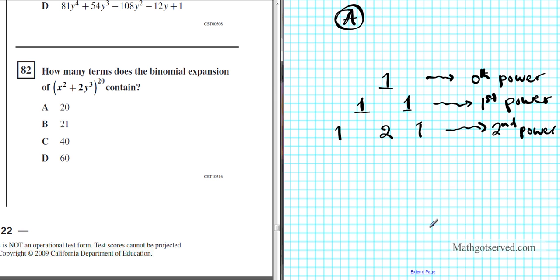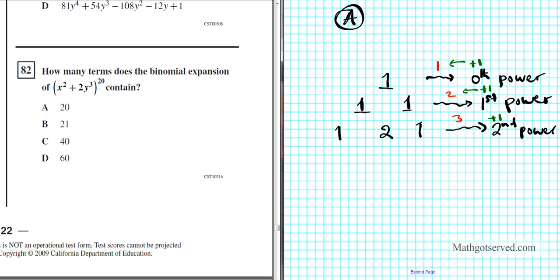You see a pattern here? For the 0th power, you had 1 term. Okay? For the first power, you had 2 terms. For the second power, you have 3 terms. So you notice that the number of terms is always the power plus 1. So if you add 1 to the power, you get the number of terms, right? So 0 plus 1 is 1. 1 plus 1 is 2. 2 plus 1 is 3.